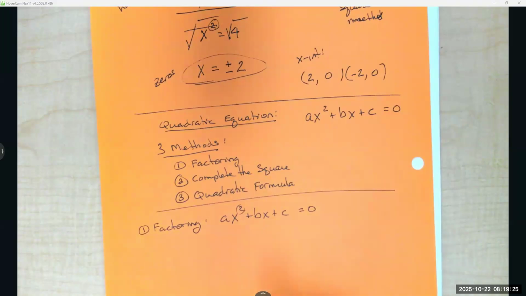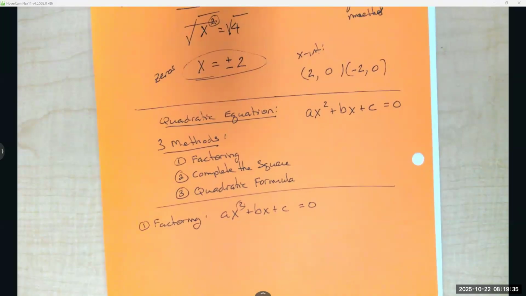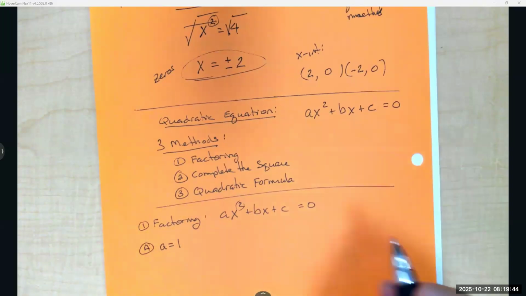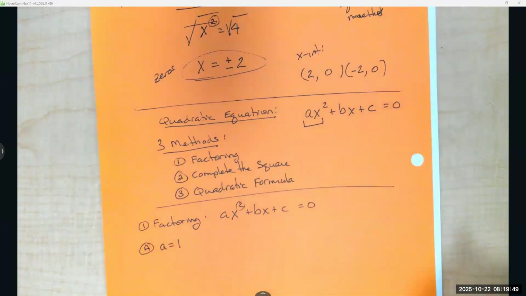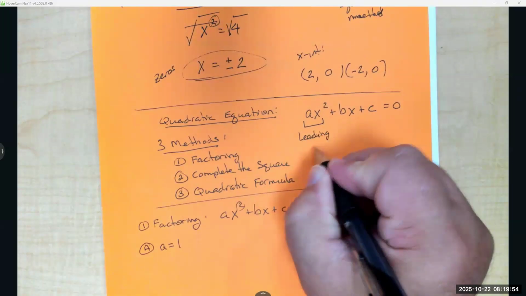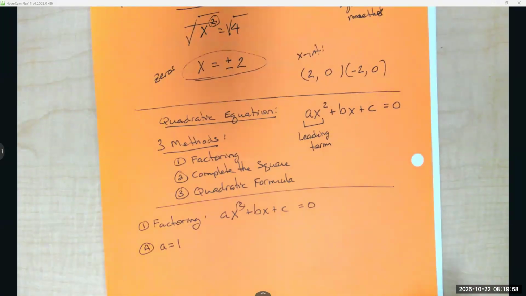Whenever you do this, the first thing you have to do is set it equal to 0. That's always your first step. Set it equal to 0. Now, for this first part, we're only going to look at equations where, let me see, this term here is called the leading term, because it's the first one.